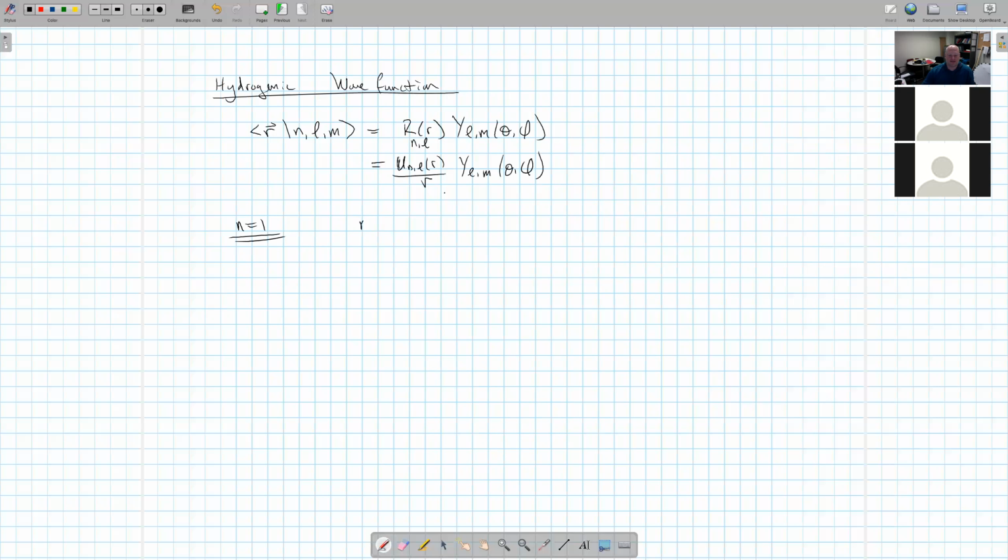If n is equal to 1, then n equals k plus l plus 1, which basically means that, since this guy cancels with this guy, k plus l must be equal to 0. Since we can't have negative l values, and we can't have negative k values either, the only way for this to be 0 is if both k and l are equal to 0.